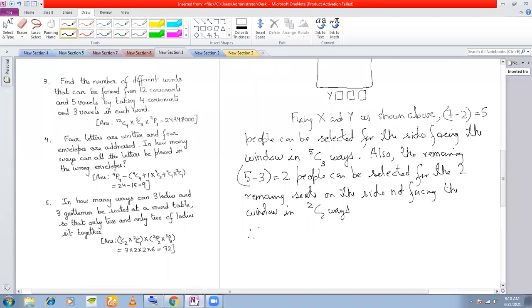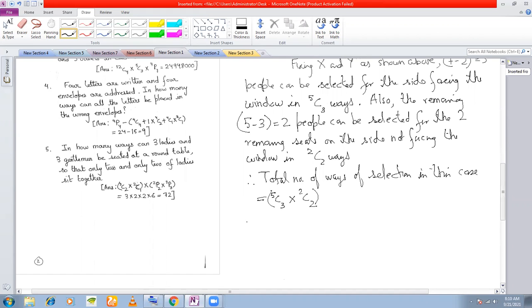Therefore, what is the total number of ways of selection in this case? Total number of ways of selection in this case is 5C3 into 2C2.